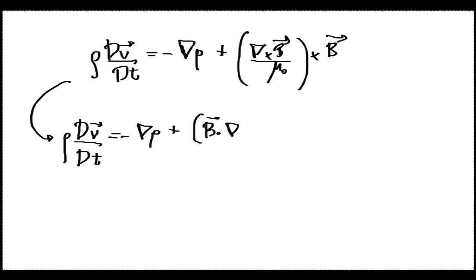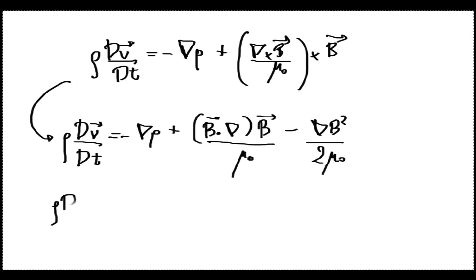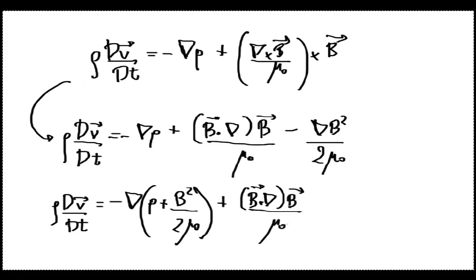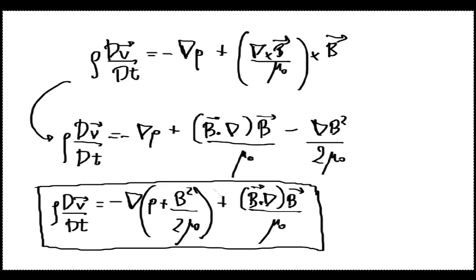Rearranging the equation a little bit, we get that this term groups together with the pressure, which is in fact a certain type of pressure that appears in magnetohydrodynamics, MHD, and this other term here. As I said, this term is known as magnetic pressure and relates to the pressure of the fluid itself.